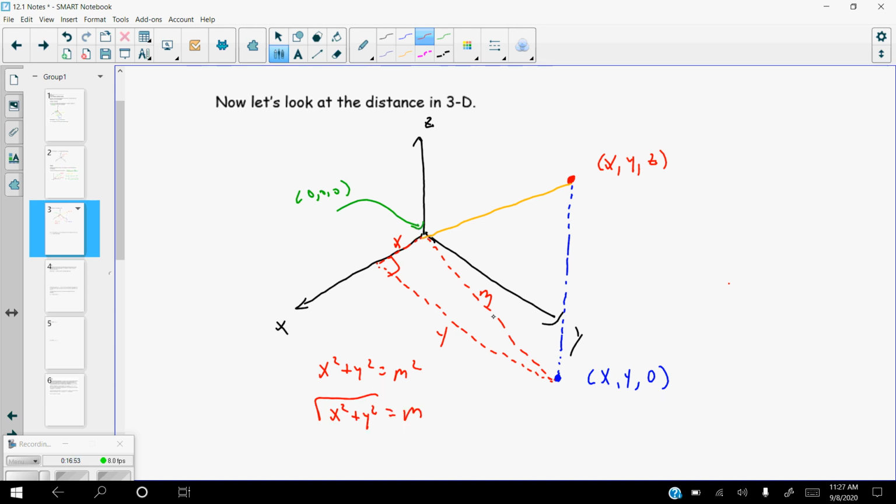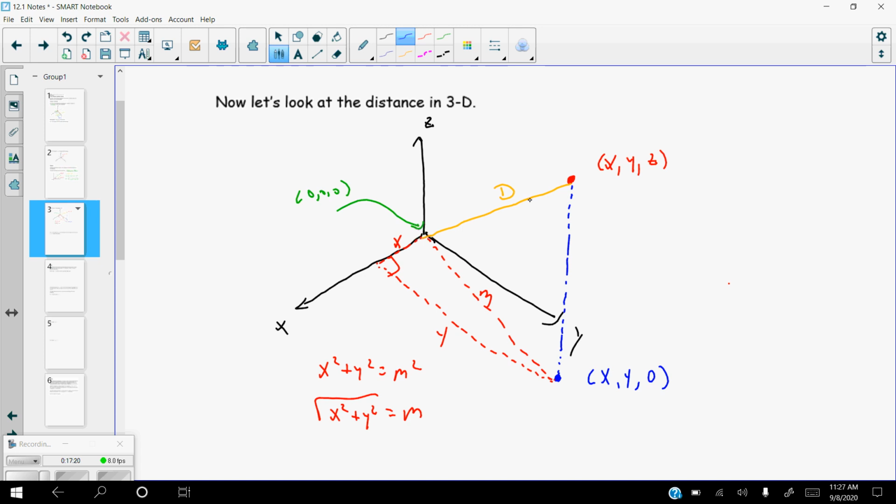That would give you that distance right there, which is basically the hypotenuse, or the distance from the origin to our blue point. But now I'm really interested in the orange distance. That's the one I'm actually going to call D, capital D, just so it's not the same as the one we just used. We need to call this blue piece over here something, because now I've got 2 pieces of a triangle.